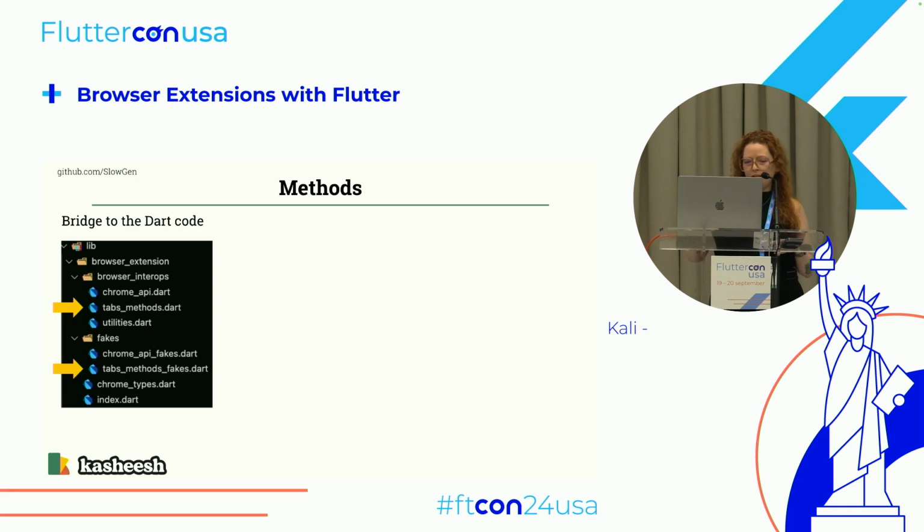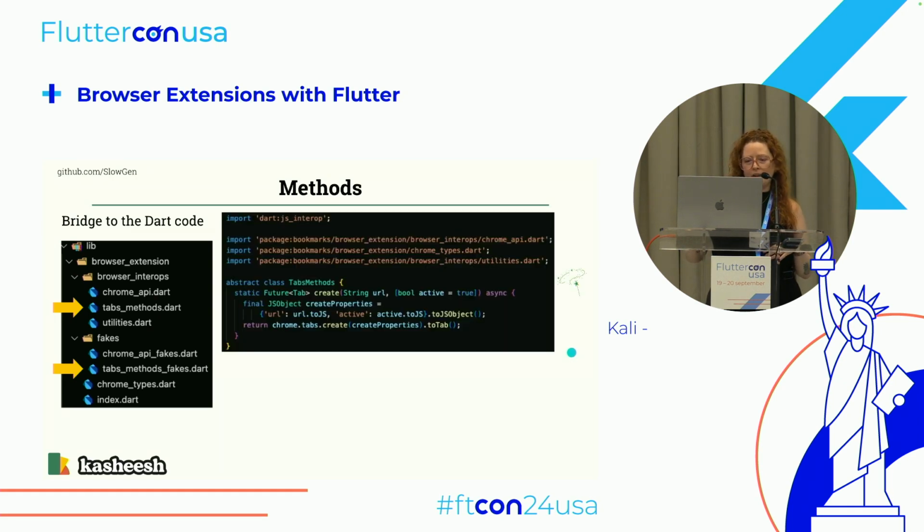Okay, so our methods. Here we're using the tab method, the create one that we just discussed. Now here's where things get a little bit tricky with the JS interop. We have Dart in our properties, and we need to take that Dart, convert it to JavaScript, put that into the library that we just created, our API, send that JavaScript to the API, which returns JavaScript, and turn that back into Dart.